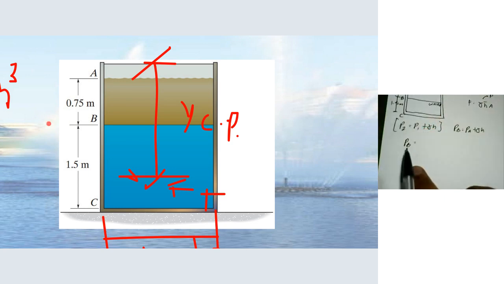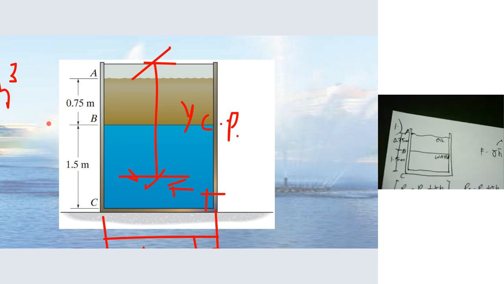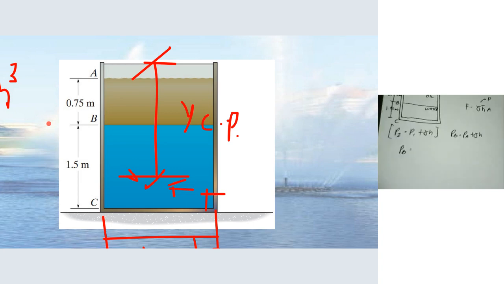So this will be P sub B equals pressure at A. What's pressure at A? It's exposed to the air. Therefore, it is 0. And then plus, we have gamma h.